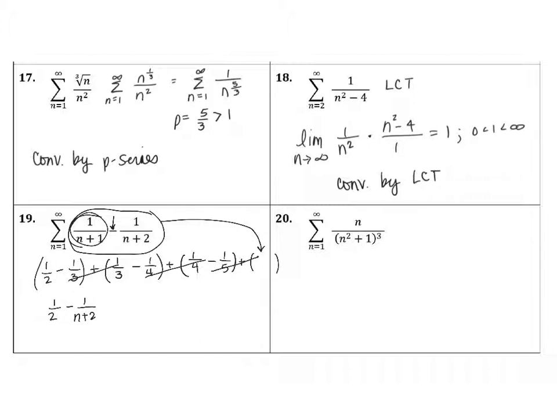You notice the pattern going on here. So with this, we can look at our limit as n approaches infinity of 1/2 minus 1 over n plus 2. And notice that limit is going to be 1/2. So here we see that this series converges, and it's going to be by the telescoping series.